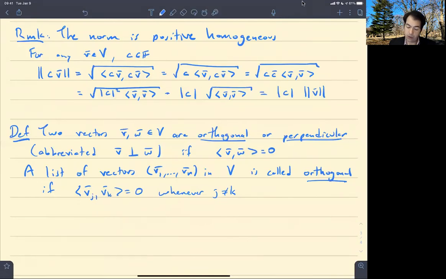If you have an orthogonal list of vectors and all of those vectors have unit length, then you say that it is orthonormal.